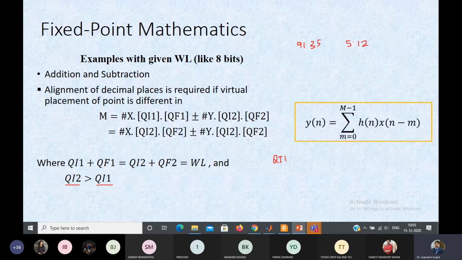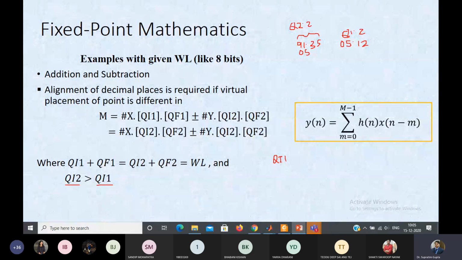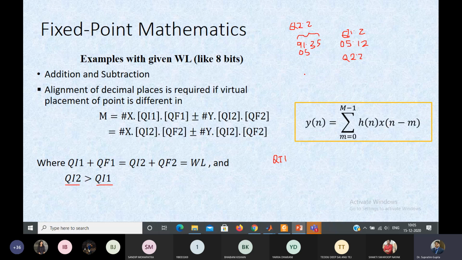So we place some zero here, and in our earlier notation it was 2.2 format in decimal, and this was actually 1.2 format. Now we are making this 2.2 format, and then we are adding or subtracting.